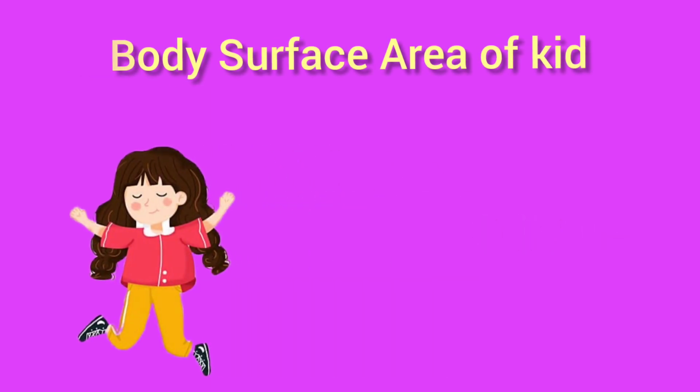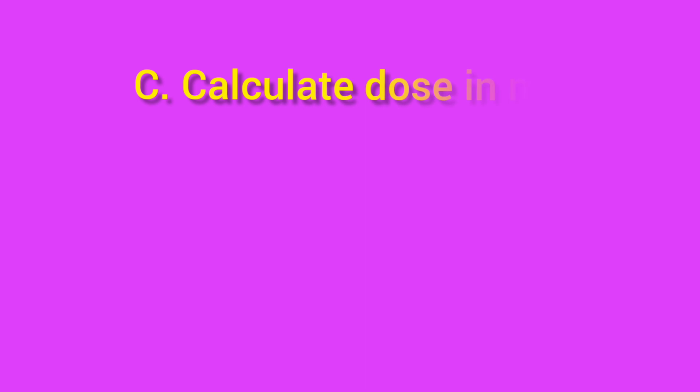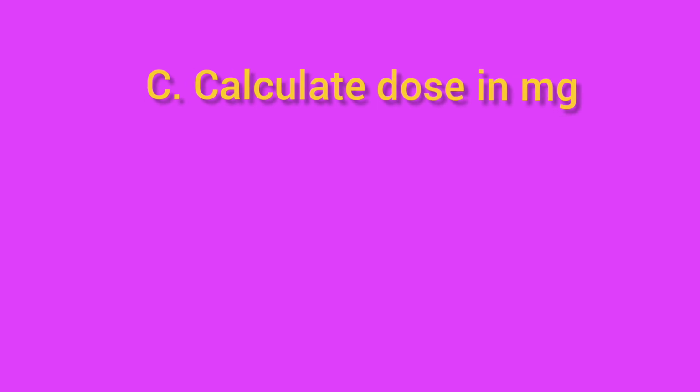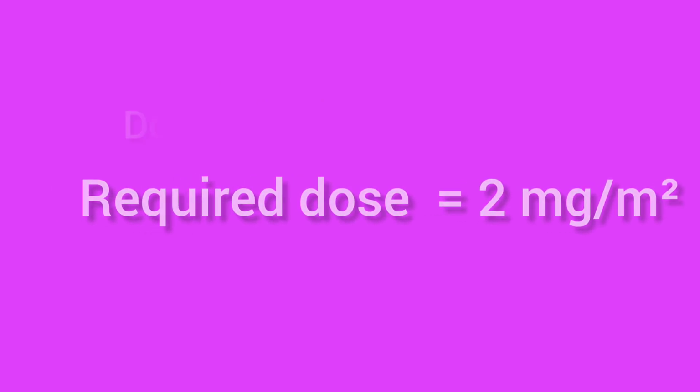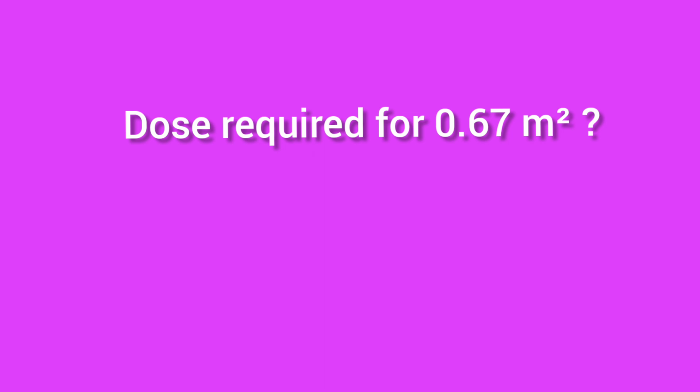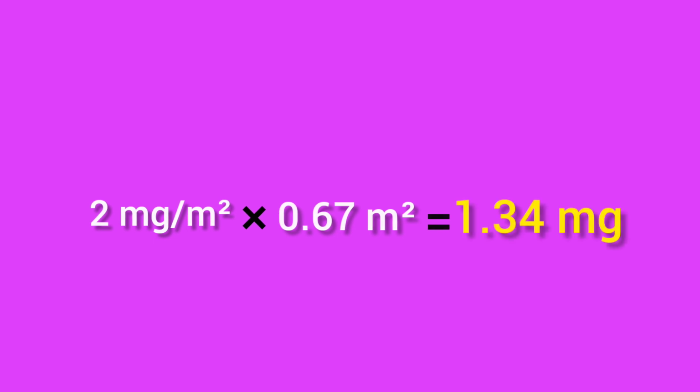This value indicates the body surface area of the 4-year-old kid. Now let's calculate the dose that is required for the kid in mg. It is given that the dose required is 2 mg per meter square. Now, what is the dose required for 0.67 meter square? Let's just multiply. 2 mg per meter square into 0.67 meter square, which is equal to 1.34 mg.